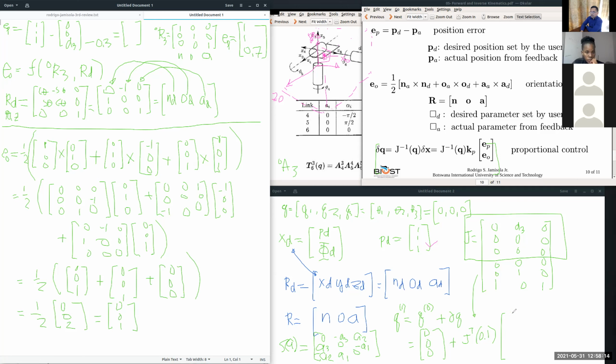Here it will be 1, 1, 0.7, and that's the error of the position. Error of the orientation is 0, 0, 1. Finish. So what is that? We can compute. Okay. So this is 0.3.